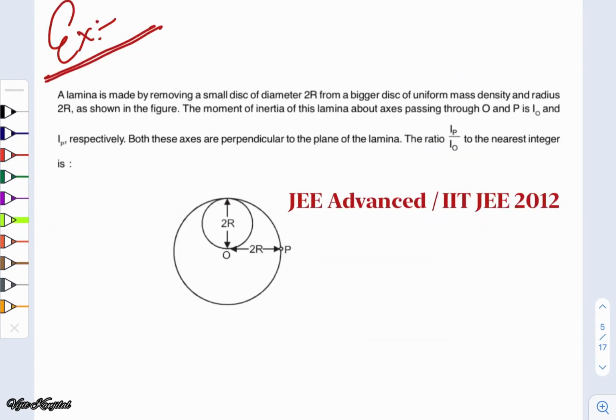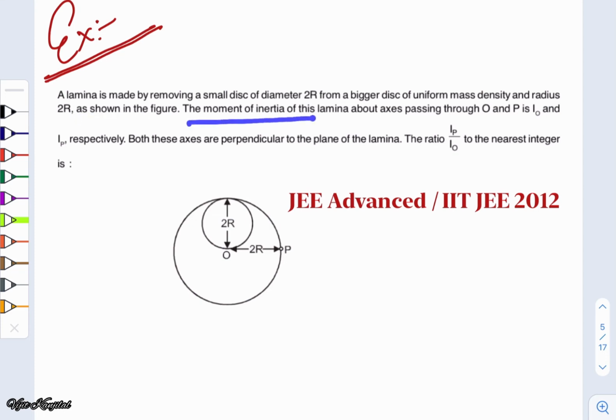So let us now try to solve this particular question which appeared in JEE Advanced or IIT JEE 2012. So let us try to look at the question. So what does the question say? The question says a lamina is made by removing a small disk of diameter 2r from a bigger disk of uniform mass density and radius 2r, as shown in this particular figure.